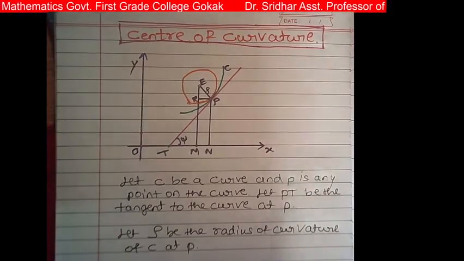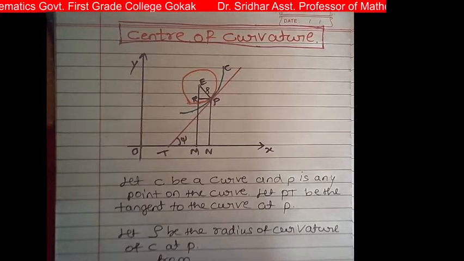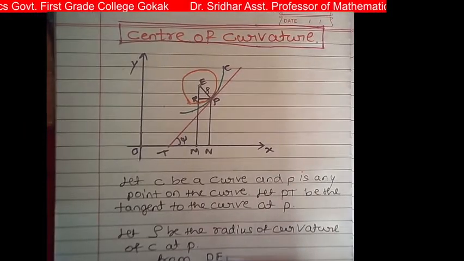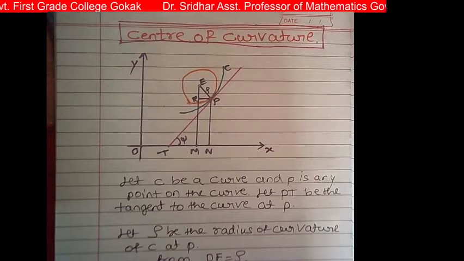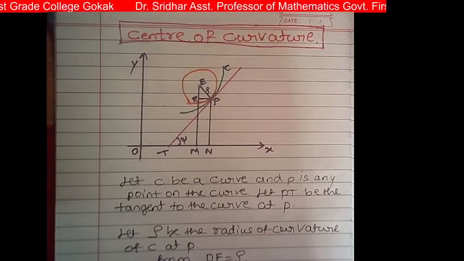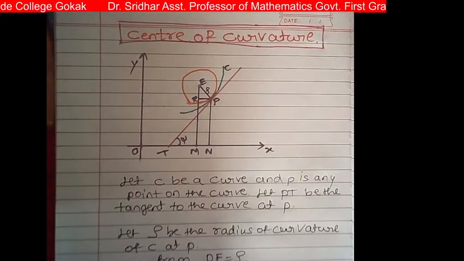Now from the figure, PE is equal to rho.